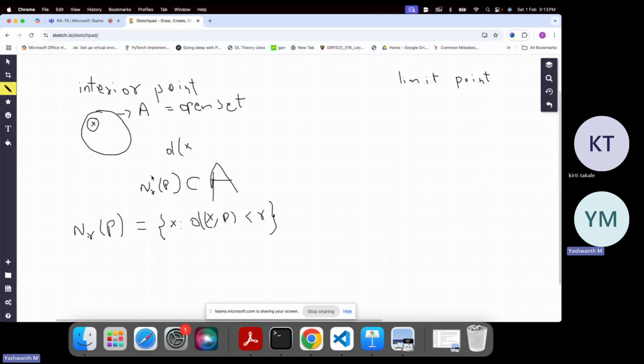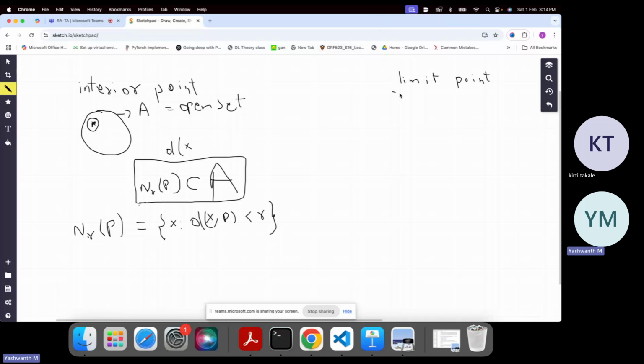This is just the ball which I have drawn here. If this is my point P, I fix a radius r, and if I find such a radius r where each point within this radius lies completely in my set A, then such a point is called an interior point, and if all the points of the set A are interior points, then A is an open set.